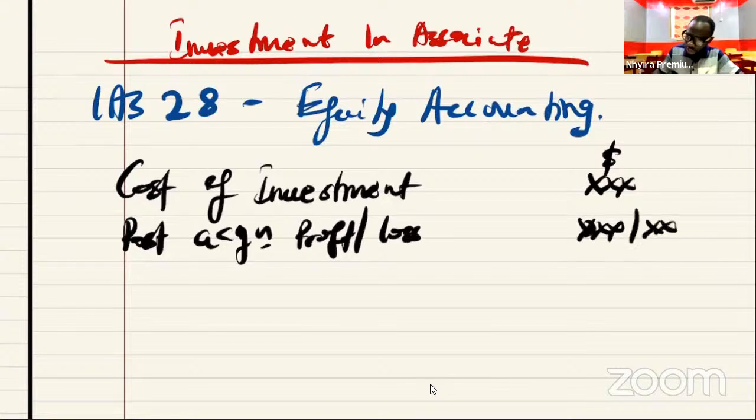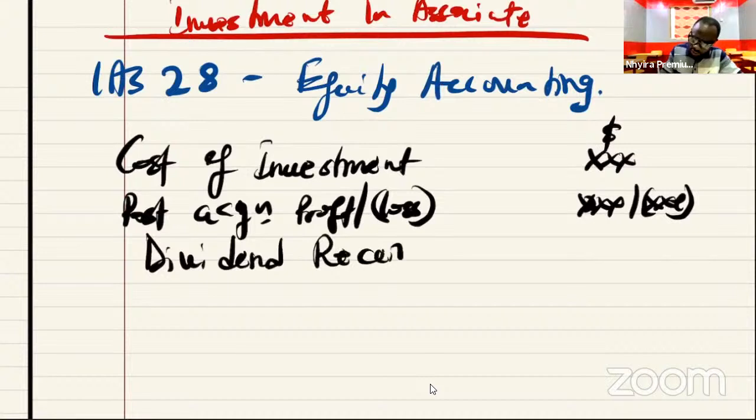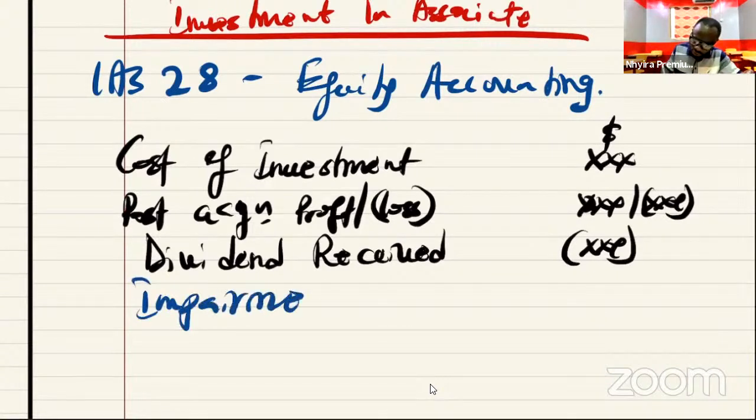If it is a profit, we add. If it is a loss, we're going to deduct. Then, if for any reason we receive dividend during the year from the associate, we're going to be deducting that. Then, if during the year also there is an impairment in our investment in associates, that will also be less.